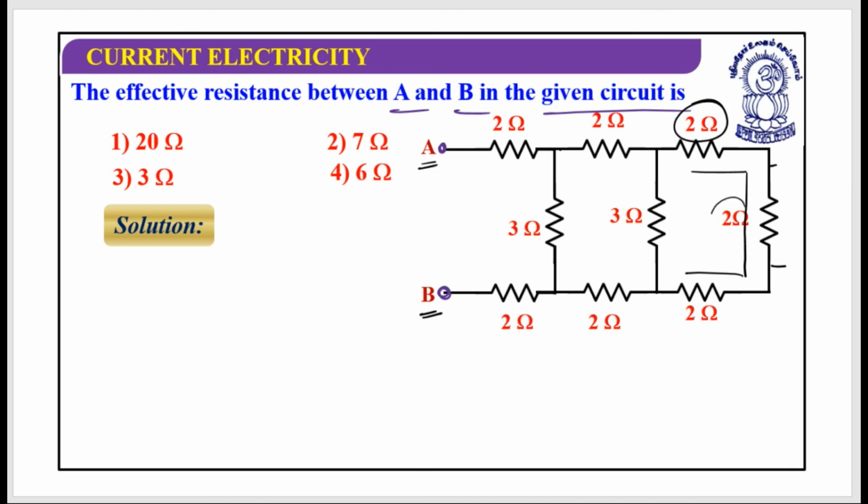It's 2 ohm, 2 ohm, 2 ohm, and this is 6 ohm. So this 6 ohm is in parallel with this 3 ohm. I hope you understand this.